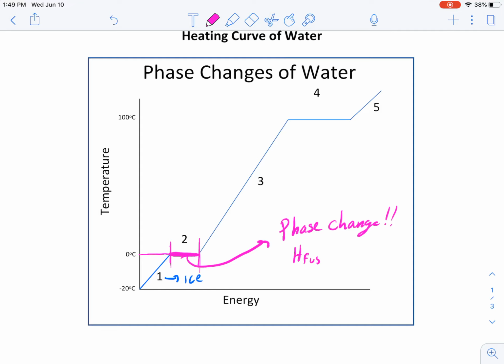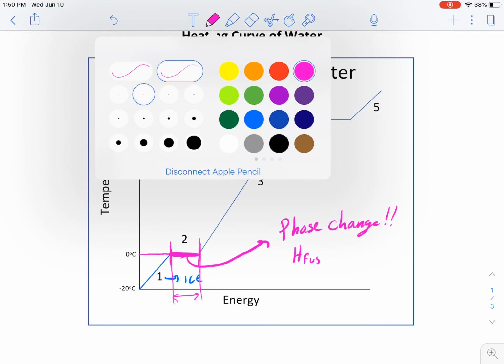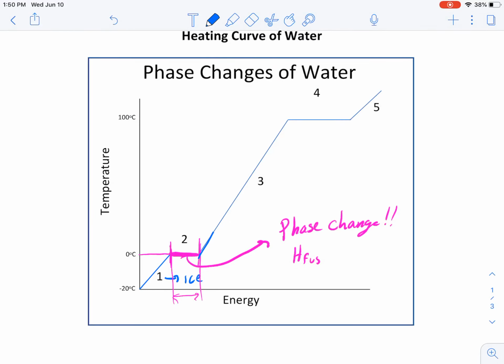We haven't increased our temperature. Even though you're going from ice to liquid, there's no increase in temperature while it's undergoing a phase change. But what is happening is that more energy is being absorbed. So all that energy there doesn't increase the temperature, it just changes phase. Then you go on for a while in this area, and you have water.